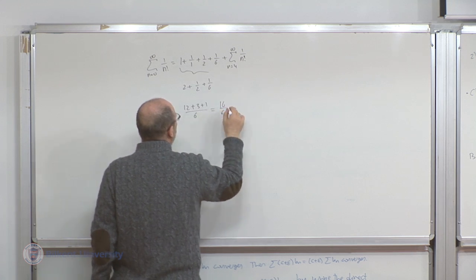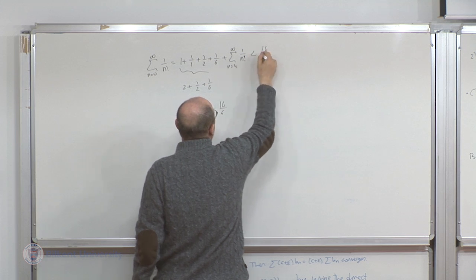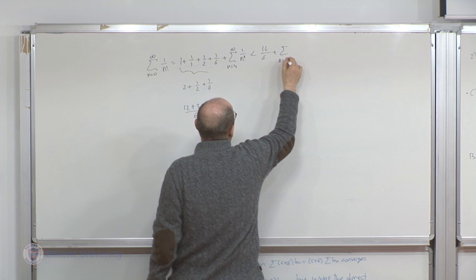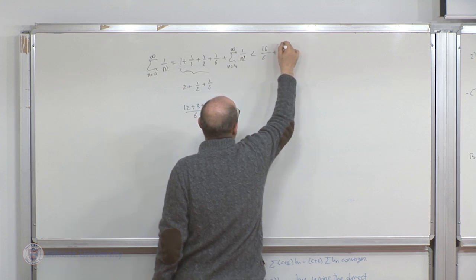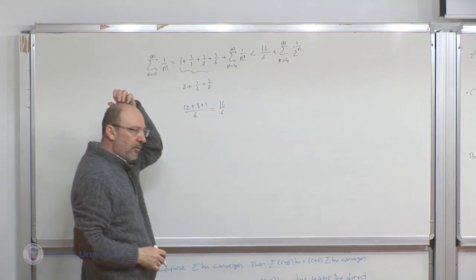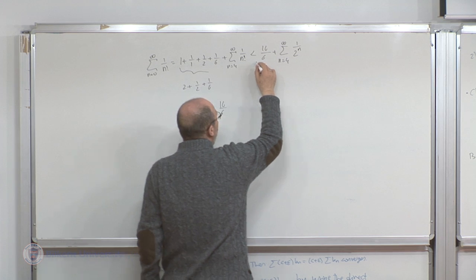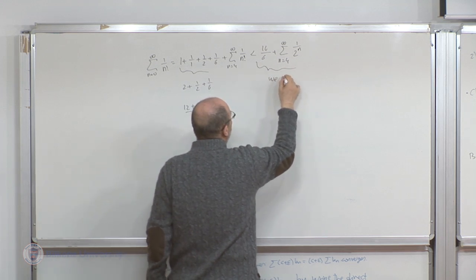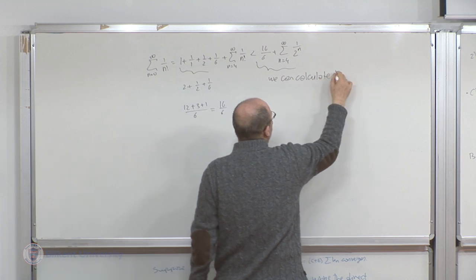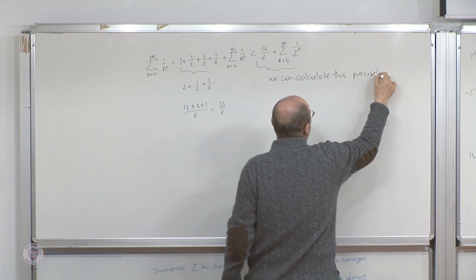Let's keep it this way. So this is less than 16 over 6 plus summation n equals 4 to infinity 1 over 2 to the power n. So now we know a precise value. We can calculate this side precisely.